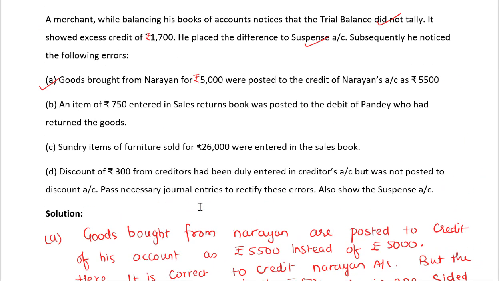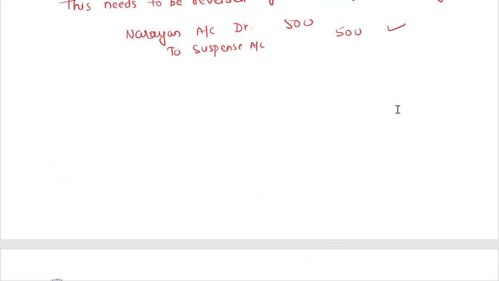Let us go to point number B now. An item of 750 entered in the sales return book was posted to the debit of Pandey who had returned the goods. So it's a sales return case, but we have debited in the Pandey's personal account.